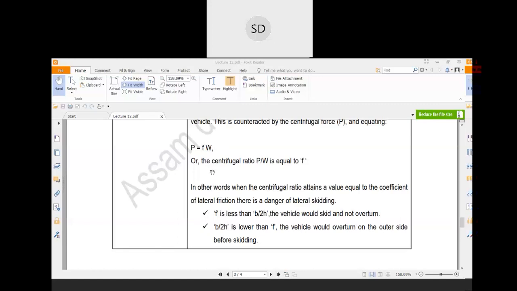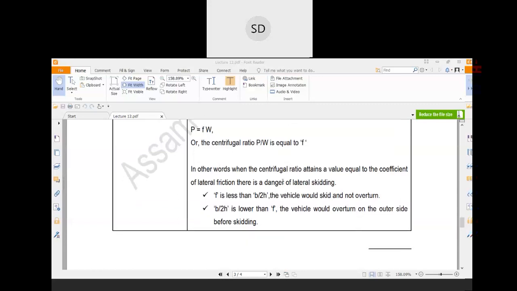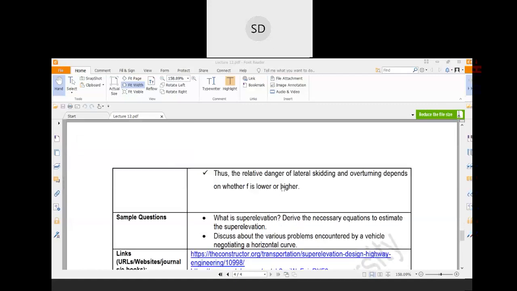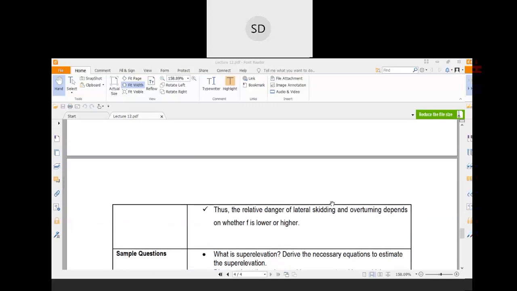In that case, that vehicle would skid, but it will not overturn. If B by 2H is lower than F, the vehicle would overturn on the outer side before skidding. So the transverse skidding effect will depend on F, whether F is higher or lower.